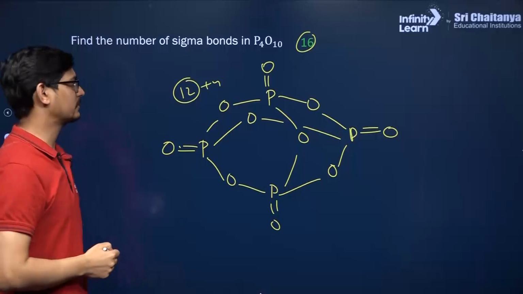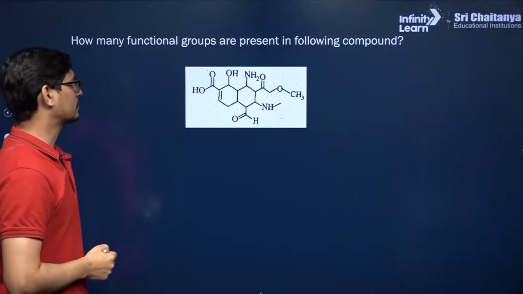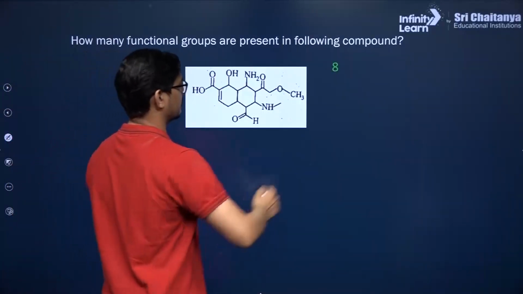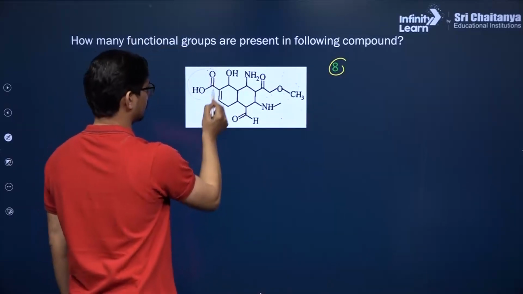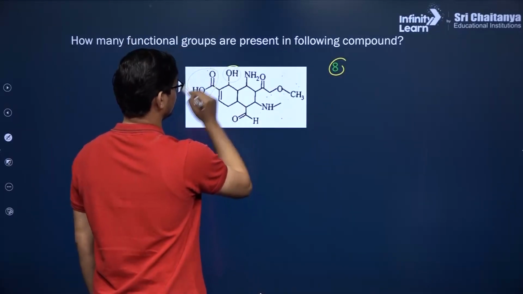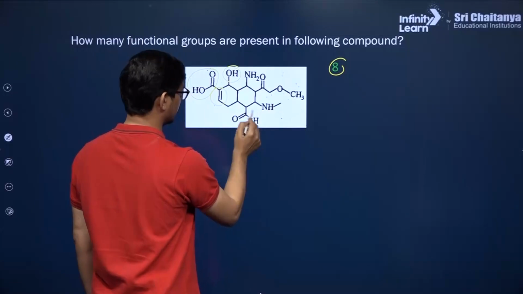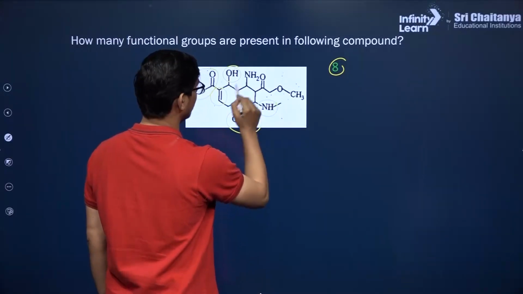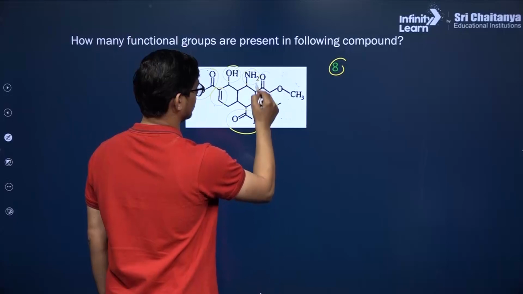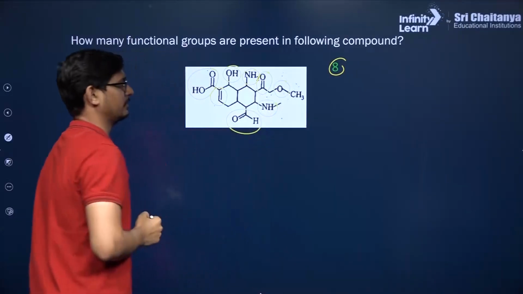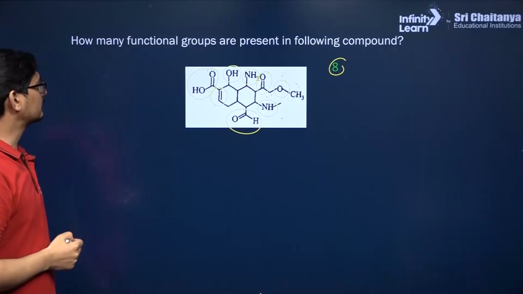So total 16 sigma bonds. How many functional groups are present in this compound? That is 8. Carboxylic acid, this alcohol, this alkene, this aldehyde, this secondary amine, this is a primary amine, this is a ketone, and this is an ether, right? So total of 8 functional groups are present.